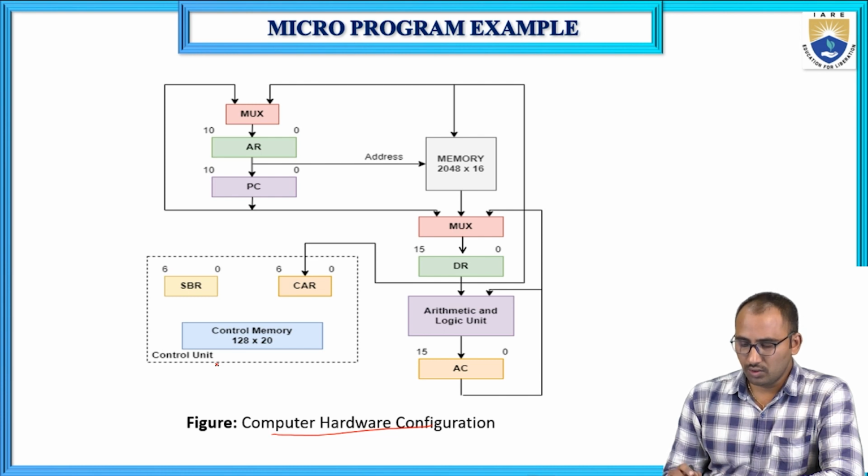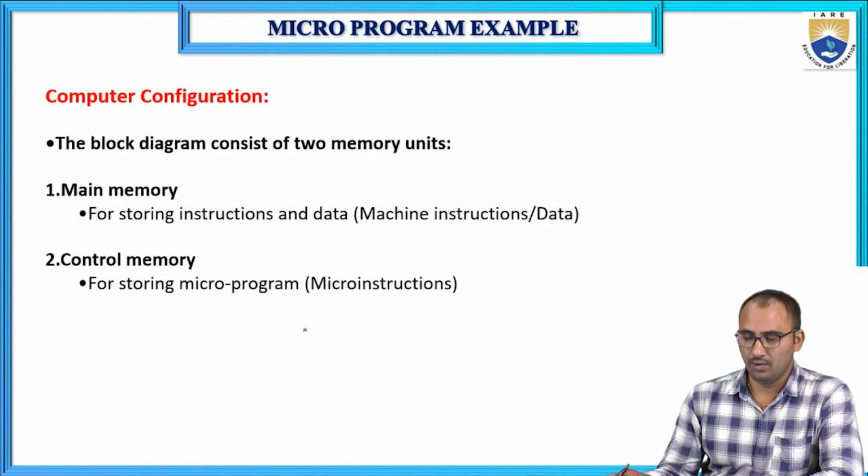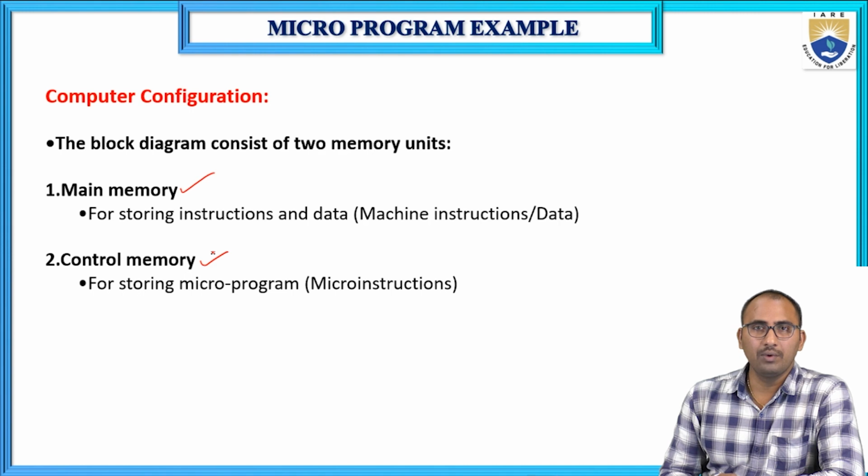This computer hardware configuration also has two types of memories: the main memory and the control memory. The main memory can be used to store the instructions and the data.